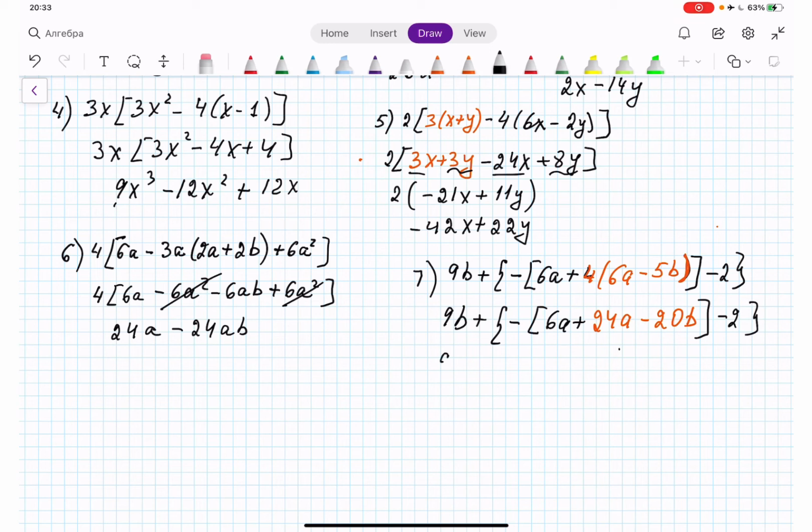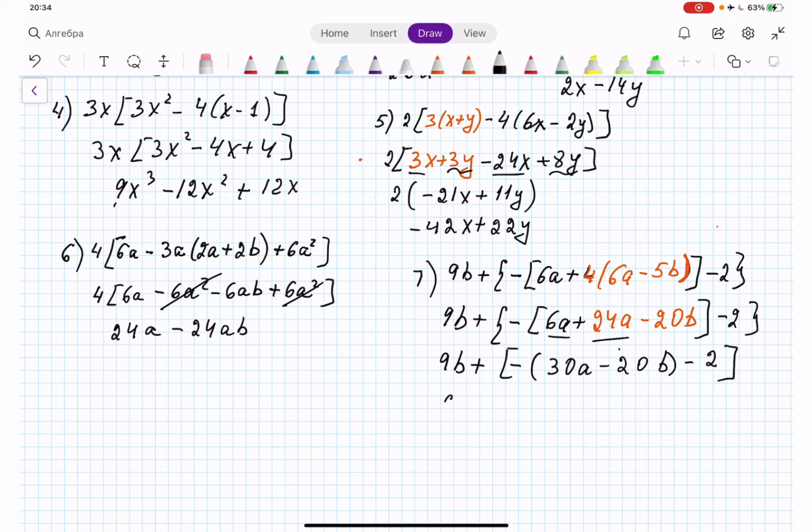Okay, 9b. If I want, I can take off the square brackets. Now here I put parentheses because we don't have parentheses anymore, right? Plus, we have negative. So let's see if we can combine this and this. Okay, I put parentheses here. 6a plus 24a is 30a, minus 20b, minus 2. Now instead of curly braces, here I could put square brackets.